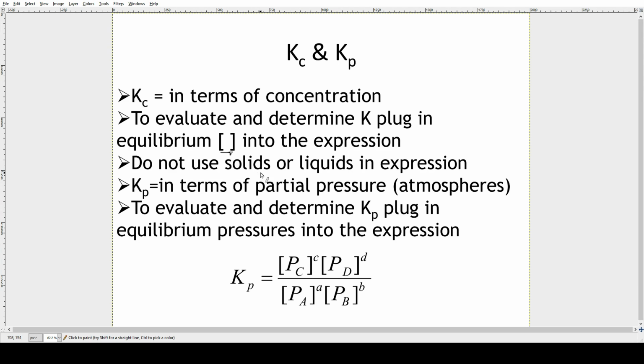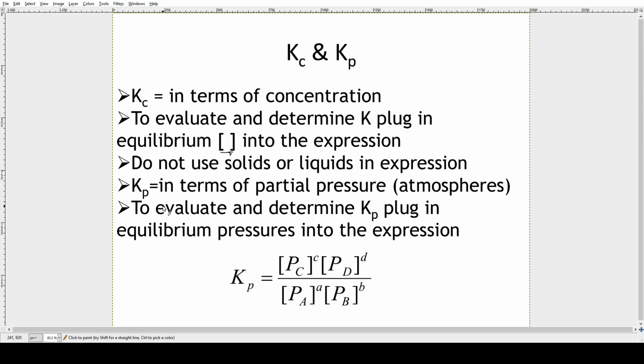We know that Kc has to do with concentration. Do we have concentrations of solids? Do we have concentrations of liquids? Can I increase the concentration of water? I can't. These things are already packed as tightly as they can be, and there's nothing else in there. They are pure substances. So these guys don't even have concentrations, which is why we don't use them. You just leave them out completely. It doesn't even show up.